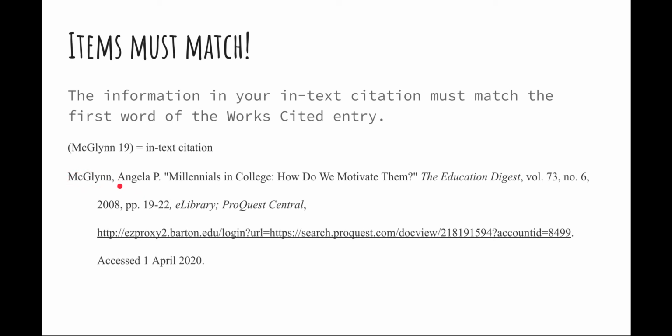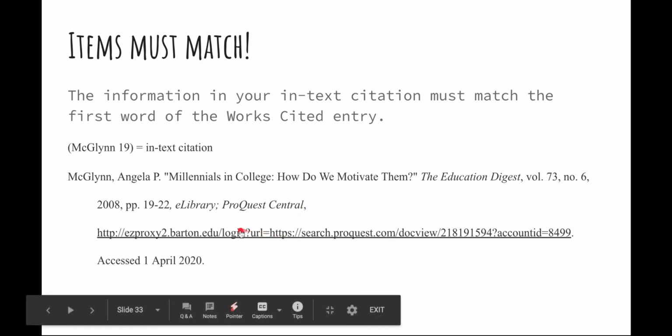This was the author, the title, the journal it was in, the volume number and information about that, when it was published, the page numbers of that article, and then the database where it was contained. And then this was the URL, and that was when I accessed that article. So that is on my works cited page.